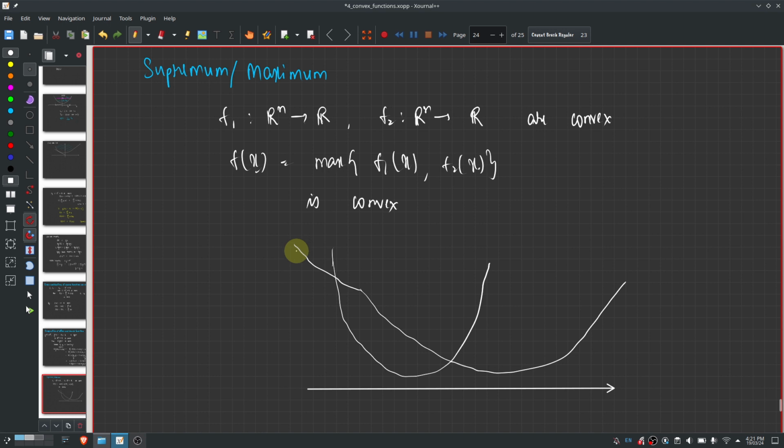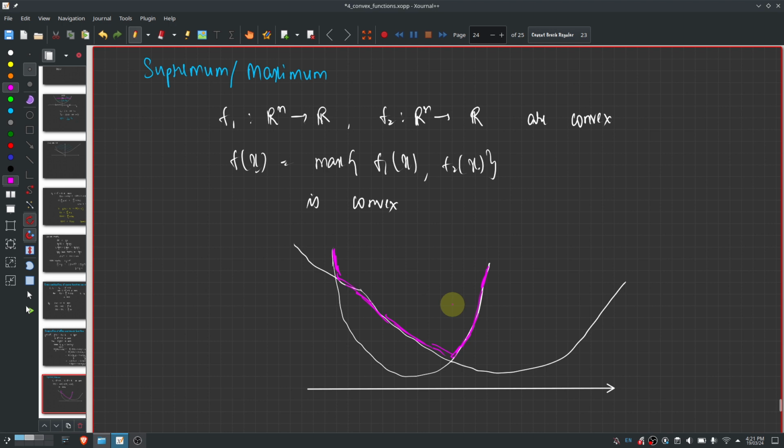What would be the maximum of these two functions? What would that look like? Yeah, correct. In this case, the maximum would look something like this. So the pink curve would correspond to the maximum of these two functions.